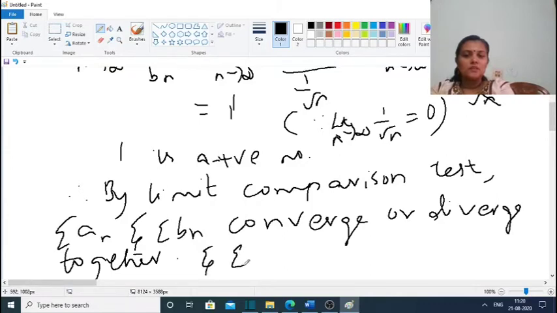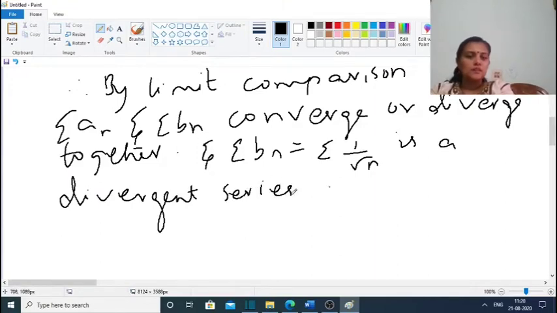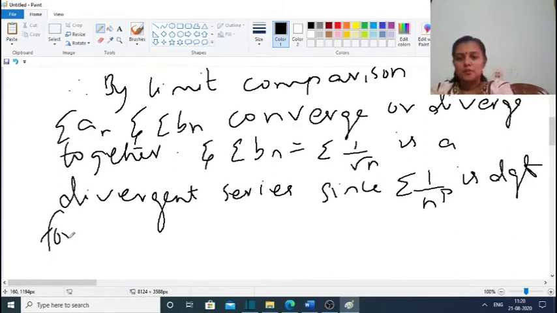And sigma bn is equal to sigma 1 by root n, which is a divergent series, since sigma 1 by n raised to p is divergent for p less than or equal to 1.